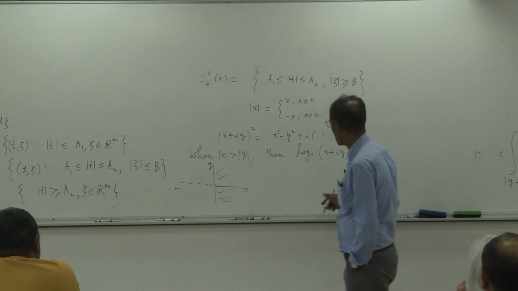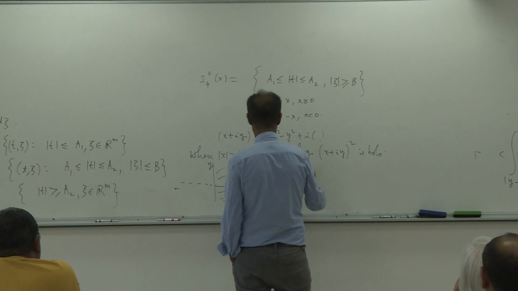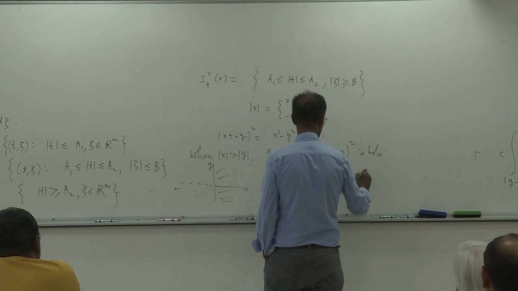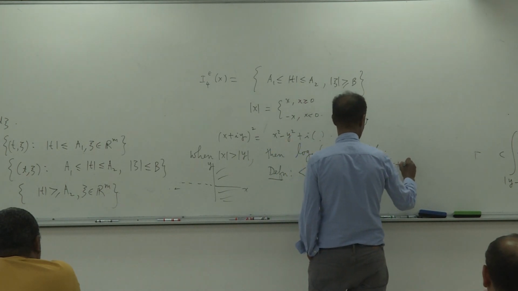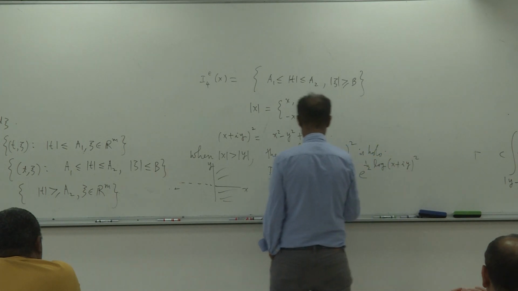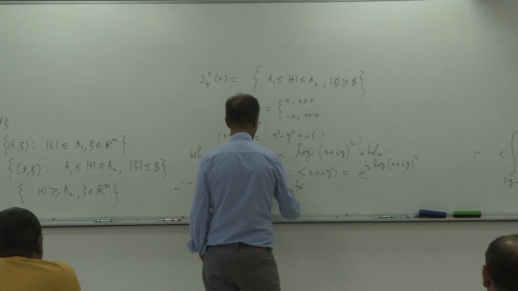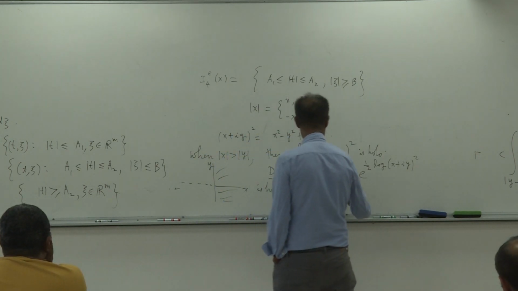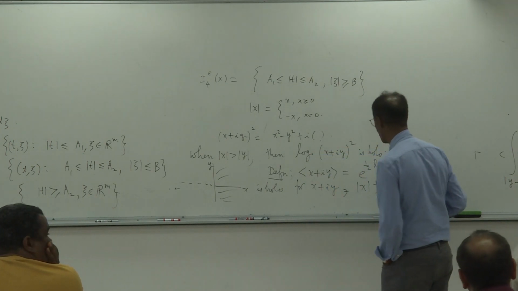And so I want to define, by this notation, I mean e to the half log of, so this is a holomorphic function. This function is holomorphic on x plus iy such that the real part in absolute value dominates the imaginary part in absolute value.